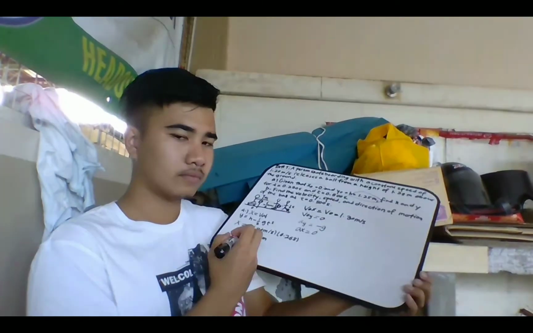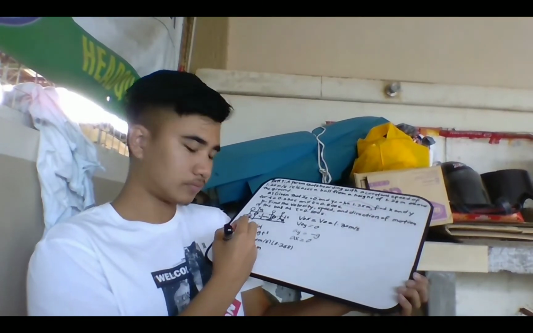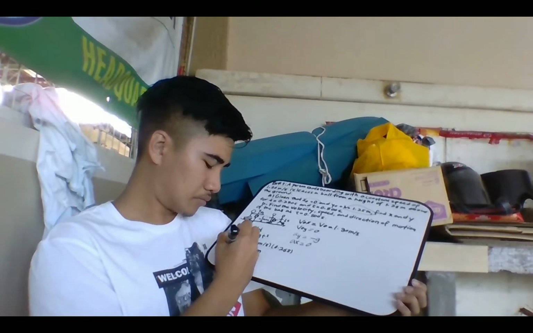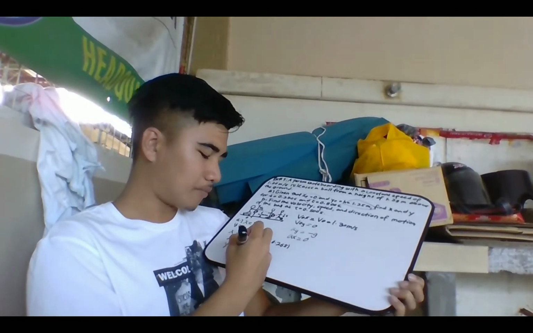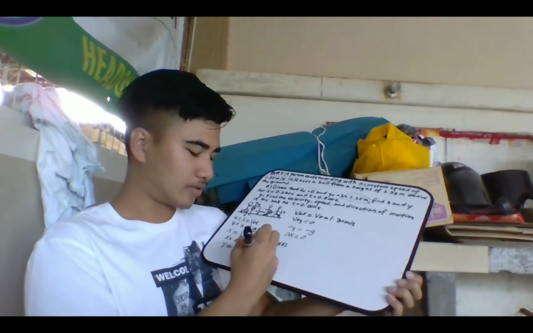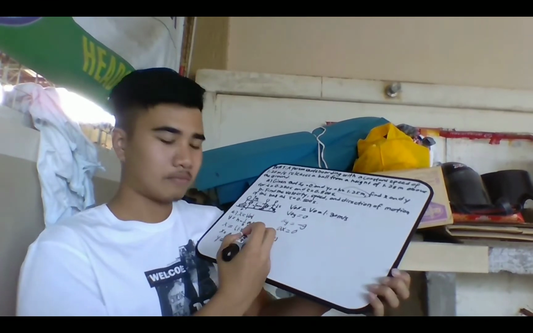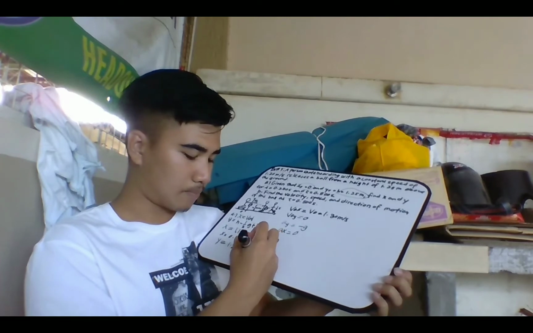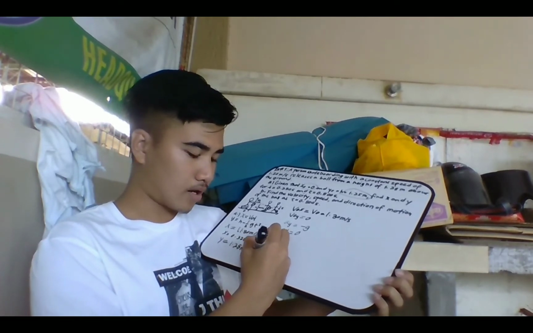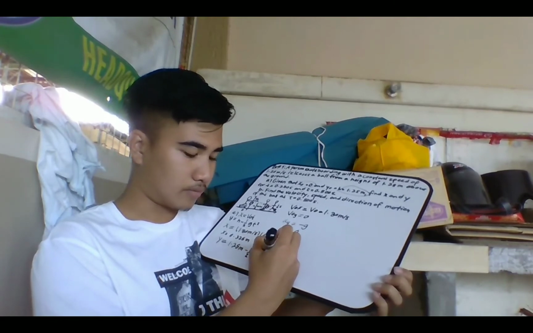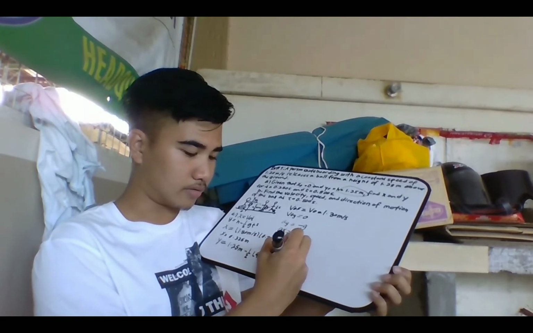For the y position, y equals 1.25 meters, which is the height, minus 1/2 times the gravity of 9.81 meters per second squared.